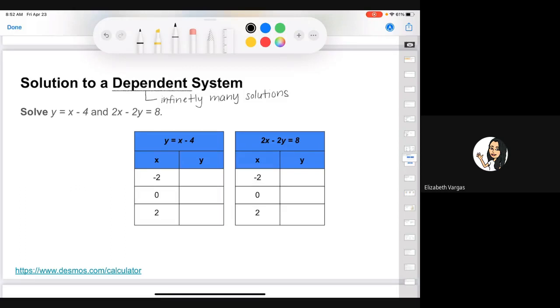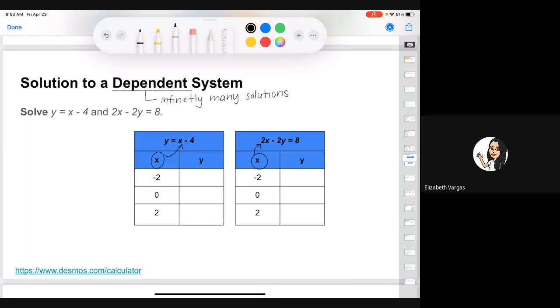Well, there are two ways that we can figure this out. We can use algebra. And the way we use algebra is, here we're given our x's, so we can plug these x's into this expression and see what we get out as our y, and plug that in. And we can put our x's in here and see what we get out as our y. Or we can graph these two and see, are they in fact dependent on each other? Will those two lines continue to coincide with each other, giving them infinitely many solutions?